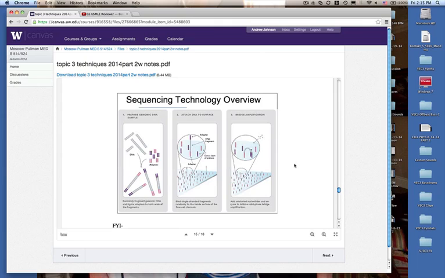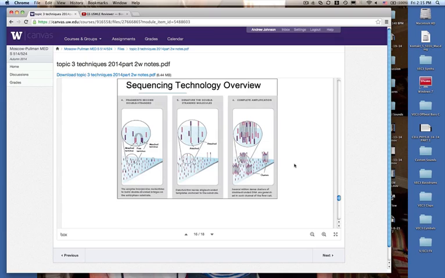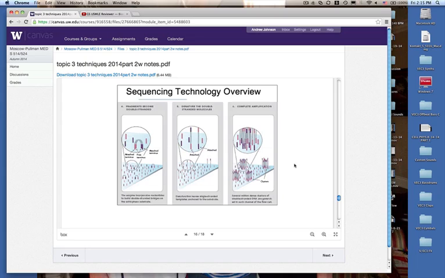But in essence, for each of those little pieces that you've hybridized onto this array of just your adapters, you're going to get these little clusters forming because of multiple rounds of PCR amplification for each of those pieces of DNA. So each of these clusters is going to represent an amplification of one single piece of DNA that you've hybridized on.